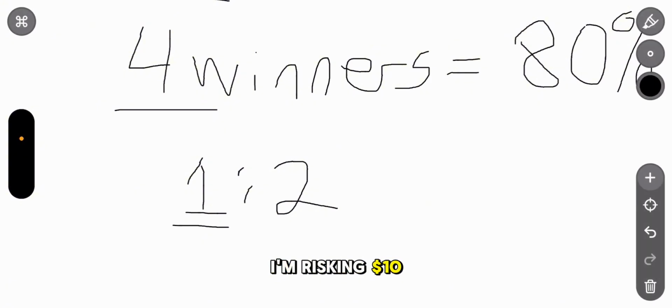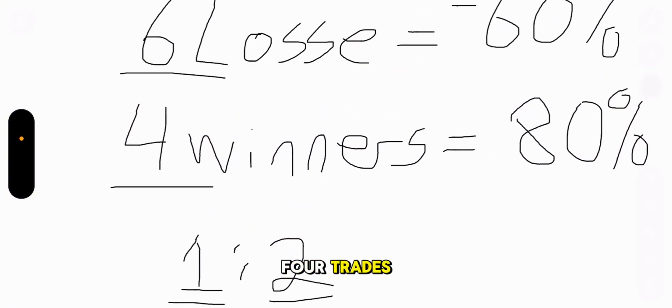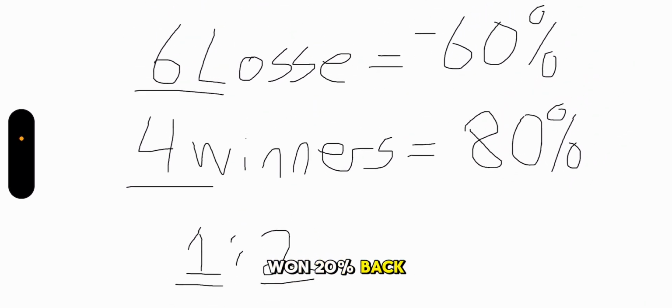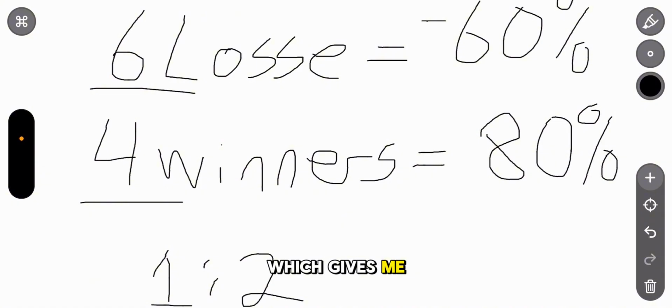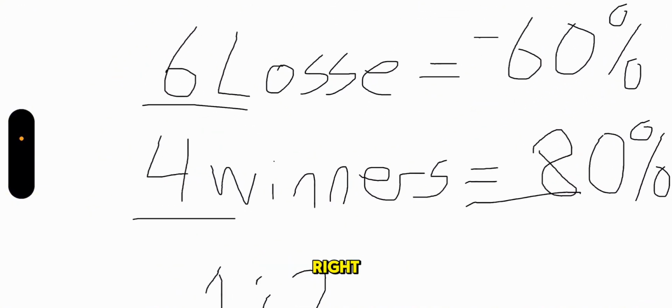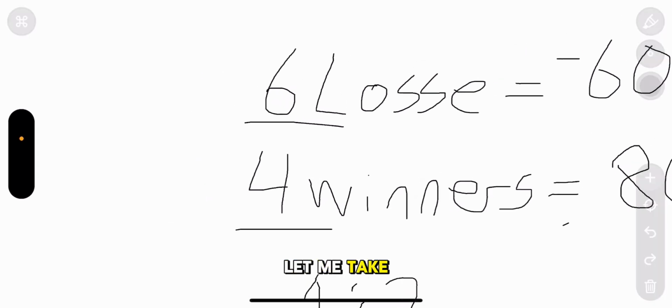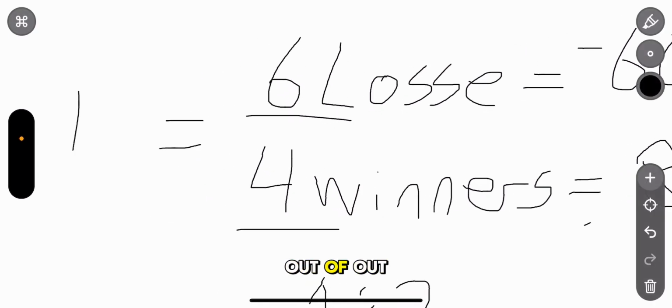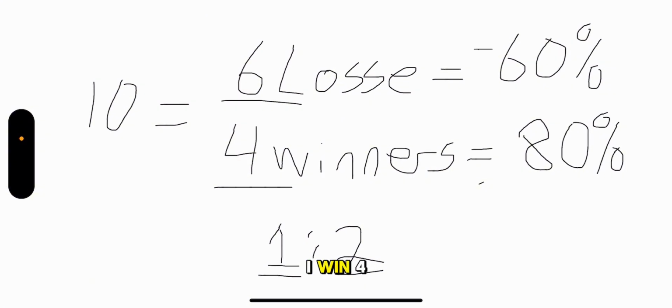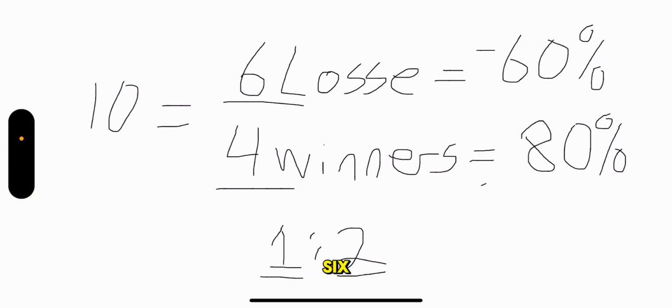I'm risking $10 to make $20. So every trade that I won, those 4 times, I won 20% back of my account, which gives me a result out of, let's say I take 10 trades in total, right? Let me take this out. So out of 10 trades in total, I win 4 and I lose 6.